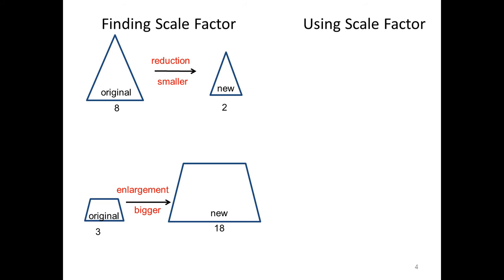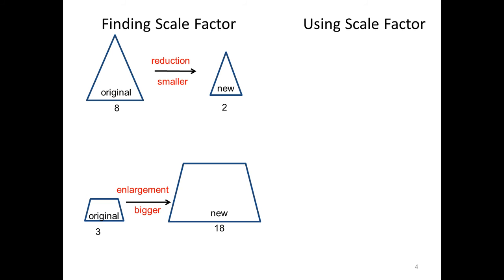So let's look at two things, finding the scale factor and then how we use the scale factor. So here are two similar figures, two triangles. The original figure has a base length of 8 and the new figure has a base length of 2. So the first thing you want to notice is that this is a reduction. It's getting smaller. That will help you predetermine whether or not you've done your scale factor right.